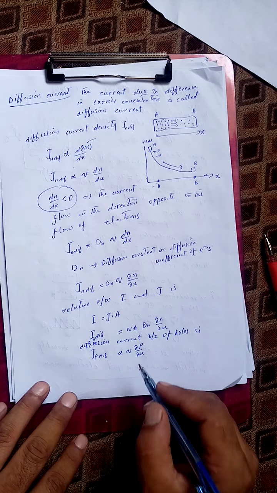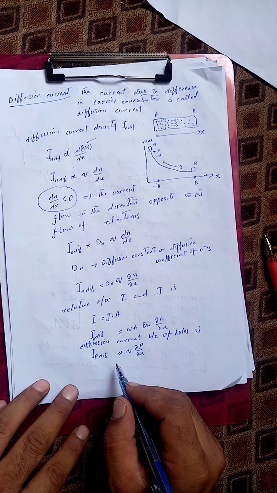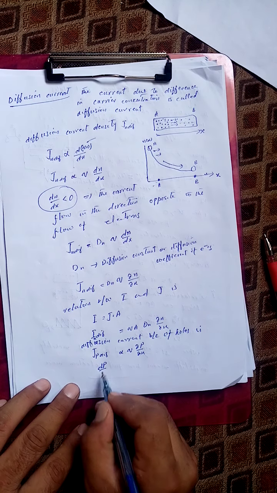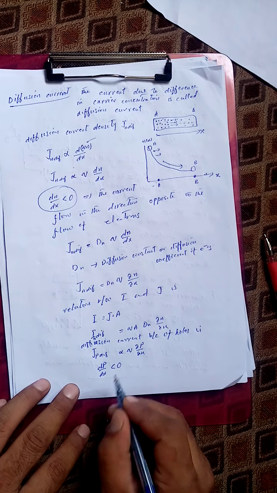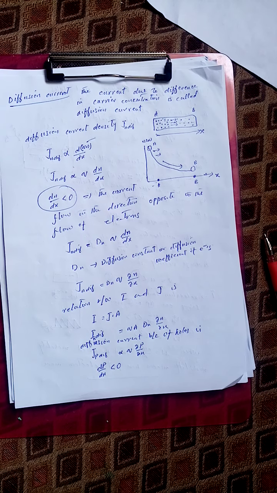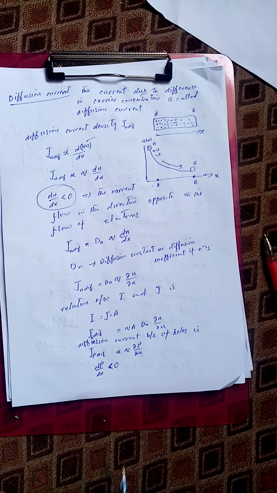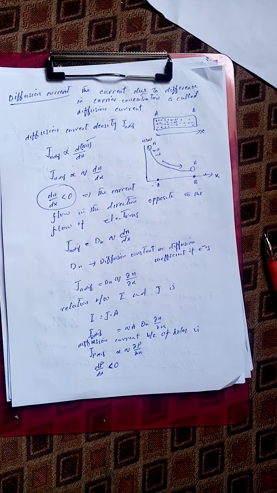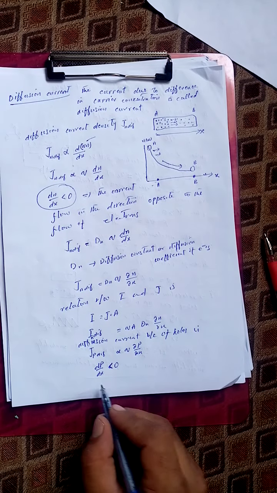Now again, partial p over partial x is less than 0. So it means that the flow of current is in a direction opposite to the flow of holes, which is not correct. So in order to correct this equation, we put a negative sign here.